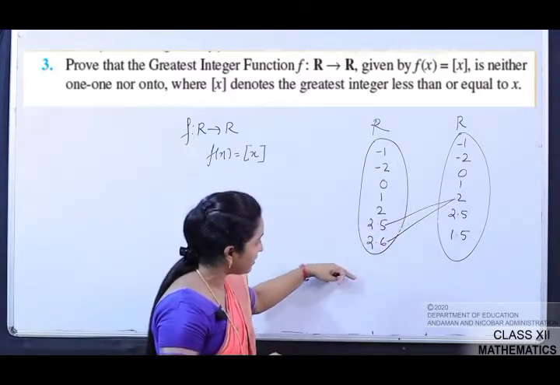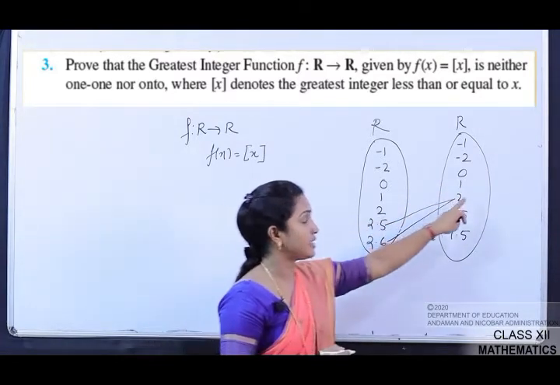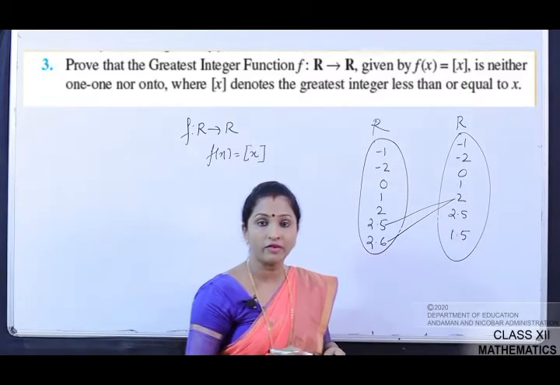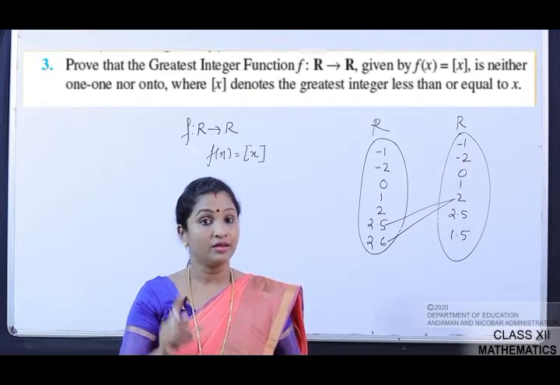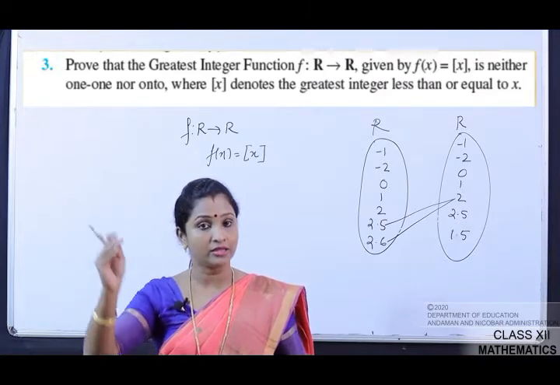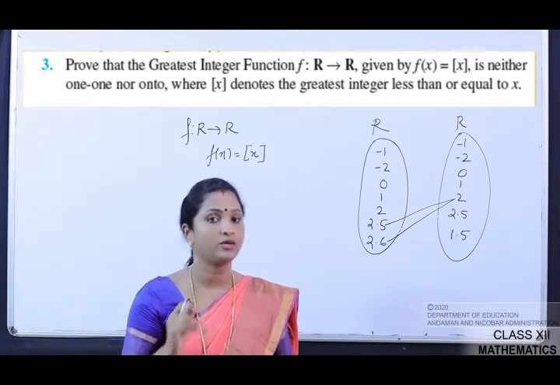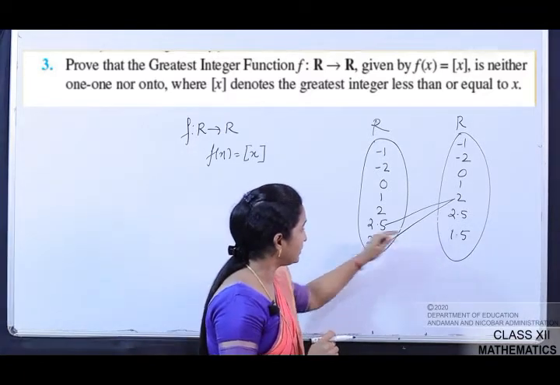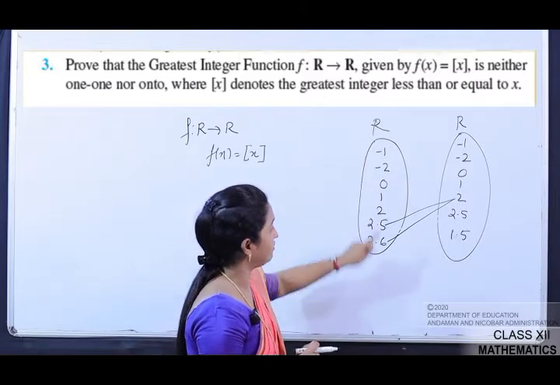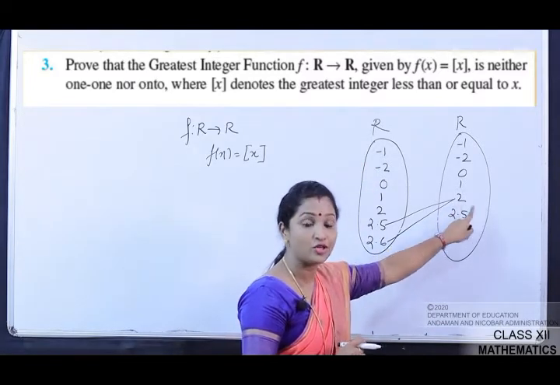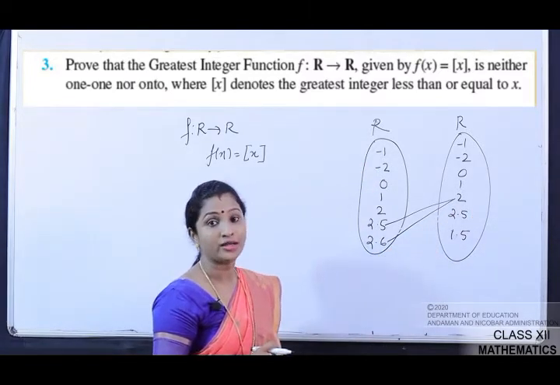So many elements will be having the same image. So what is 1-1? 1-1 means all the elements of the domain must be having only one image. Elements सारे जितने भी आप उसकी image निकालोगे वो सारे distinct होने चाहिए. But here you will observe that many elements in the domain will be having the same image. So what is the conclusion? F is not 1 to 1.